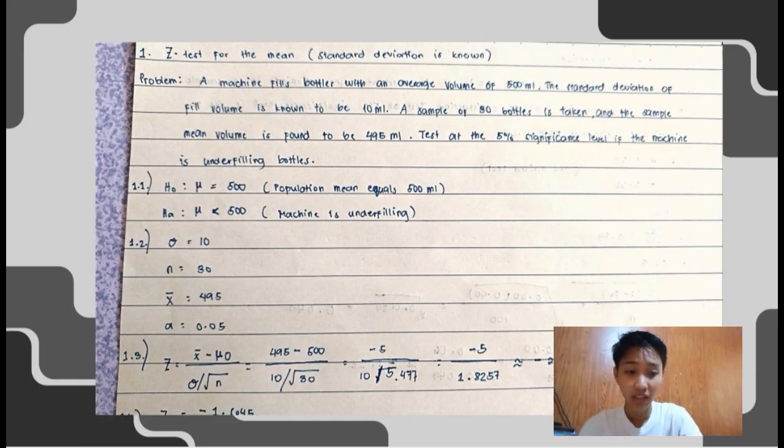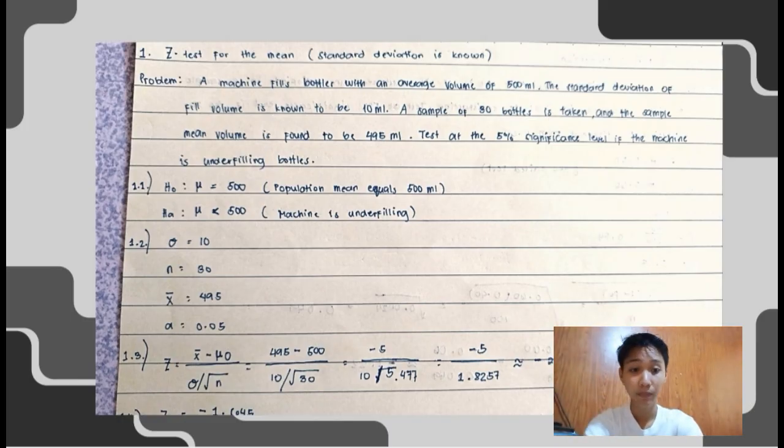So 495 minus 500 equals negative 5, and 10 divided by the square root of 30 equals 1.8257. Negative 5 divided by 1.8257 equals negative 2.73.